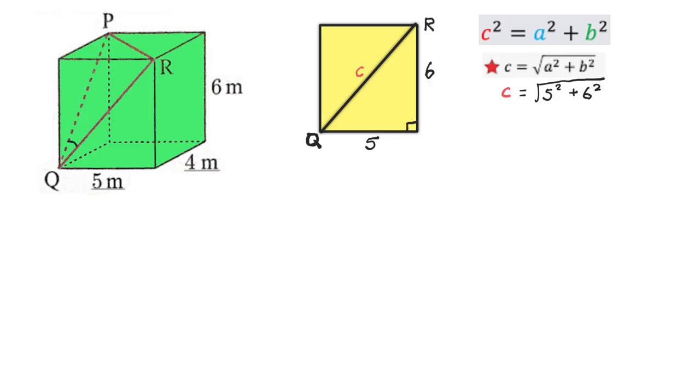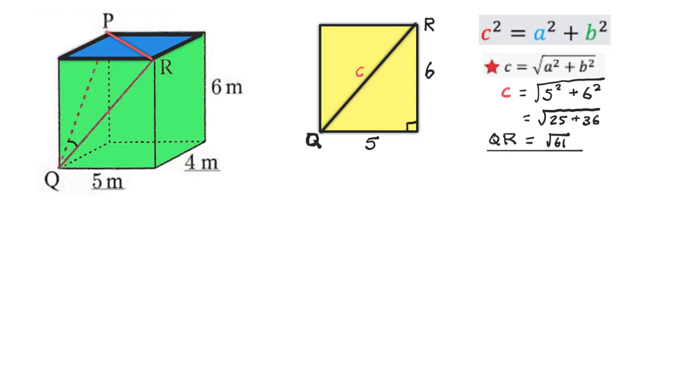So c is the root of 5 squared plus 6 squared, which is the root of 25 plus 36, and that is the root of 61. This answer is exact, so there's no need to go into the calculator to find root 61. It's better to keep it as root 61. And this means that QR is equal to root 61.